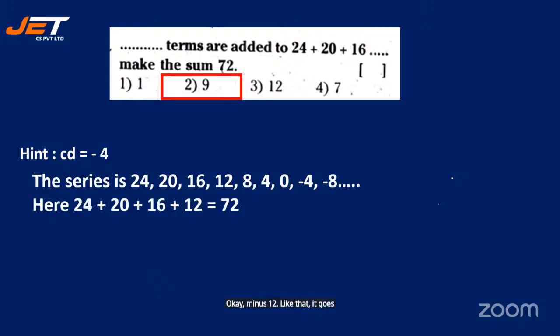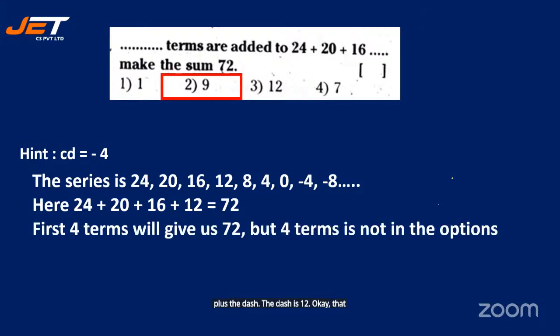Right. So now, what is 24 plus 20 plus 16 plus 12? What terms are added? See, they have taken 24 plus 20 plus 16 plus the dash. The dash is 12. Okay, that is equal to 72. So first four terms will give us 72, but fourth term is not in the option.